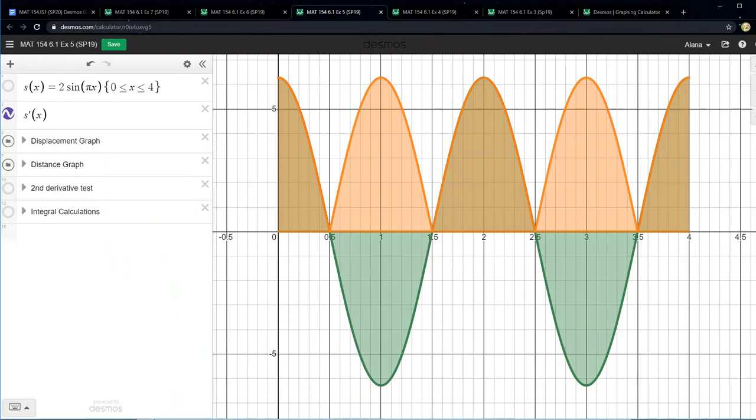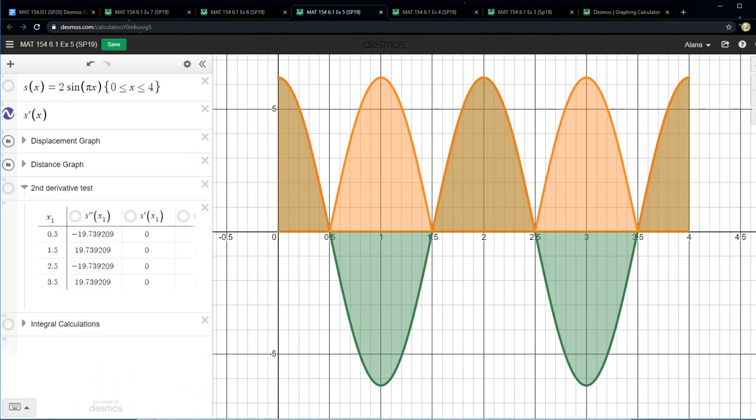There it is, Desmos. So if I grab my second derivative test right here, I can tell it, hey, here are values, right? A half, 3 halves, 5 halves, 7 halves. Tell me what the S double prime is at those specific values. And it's telling me it's negative, it's positive, it's negative, it's positive, right? So I can write that down. Negative, positive, negative, positive.